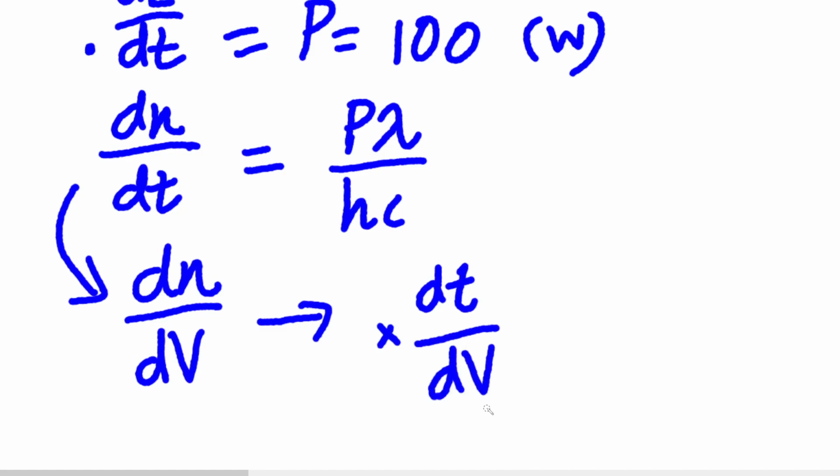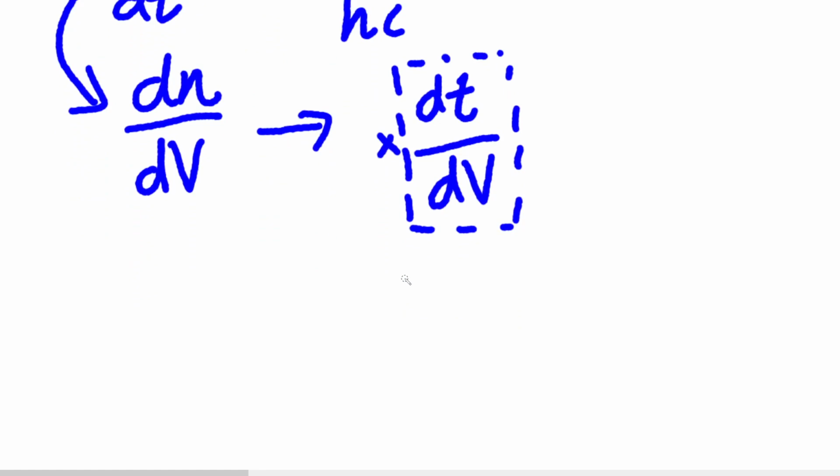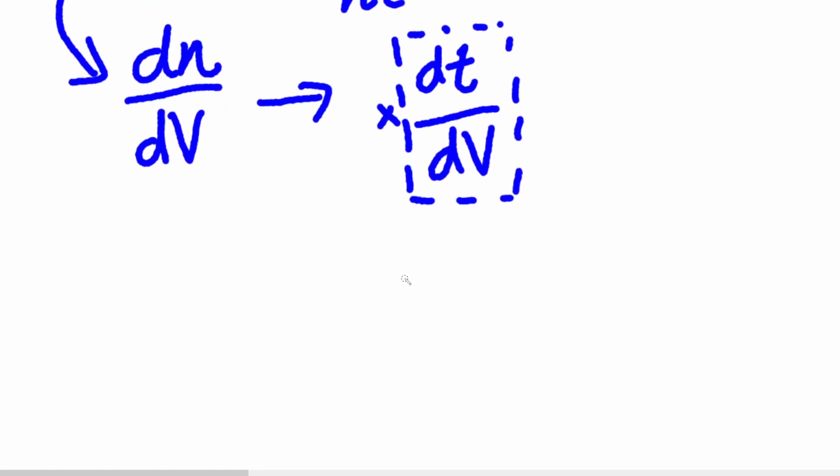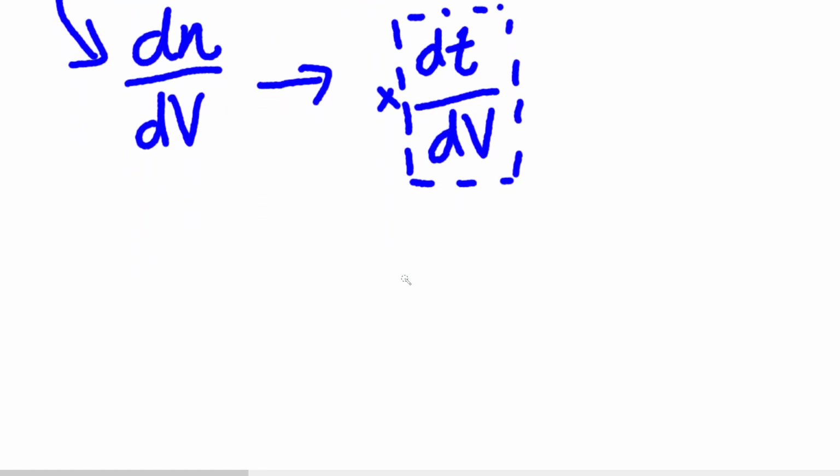Now this quantity by itself, dt by dV, doesn't really mean anything to me, if I'm going to be honest. It seems like a sort of meaningless mathematical consequence of other quantities, which it is. So let's think about the situation in a physical sense before returning to the world of mathematics, because this is naturally what you do when you're at a loss with the mathematics in a particular physics problem.